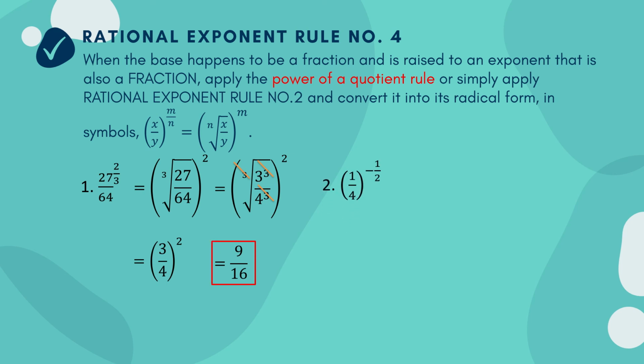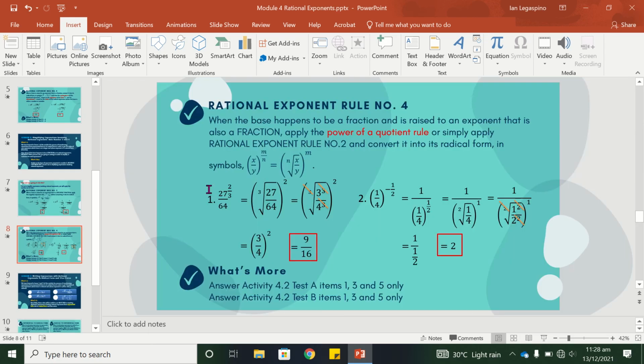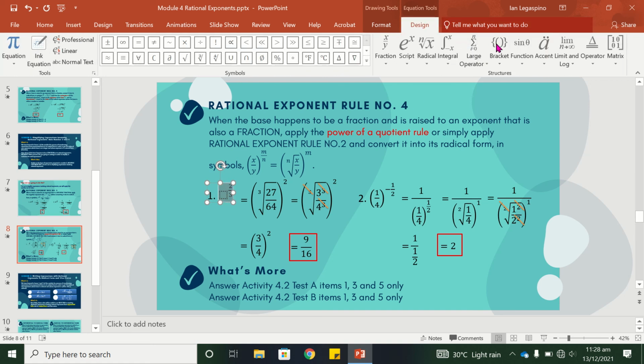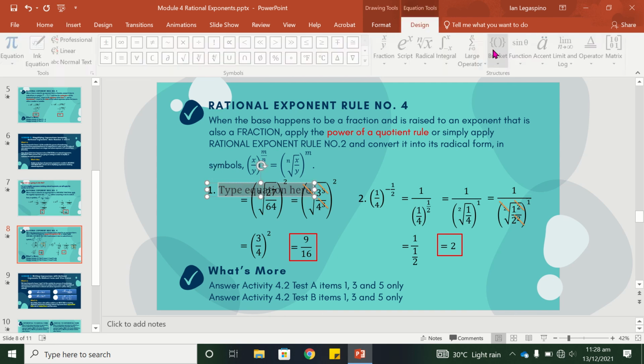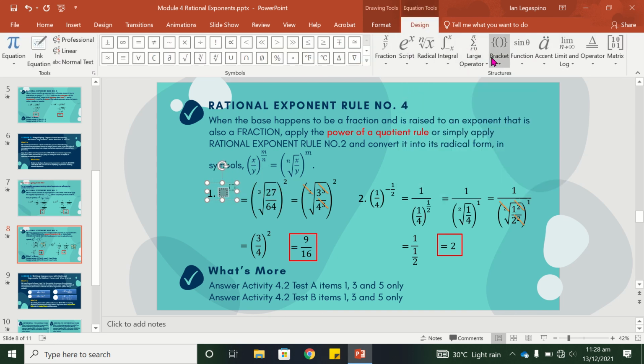Example number 2. Base 1/4. Like example number 1, 27 over 64, it can be enclosed in parentheses. Because the base, you understand that the exponent 2/3 applies to 27 over 64 as a whole. So we will change this one for a while. 27 over 64 inside the parentheses, then the exponent is a fraction, which is 2/3.